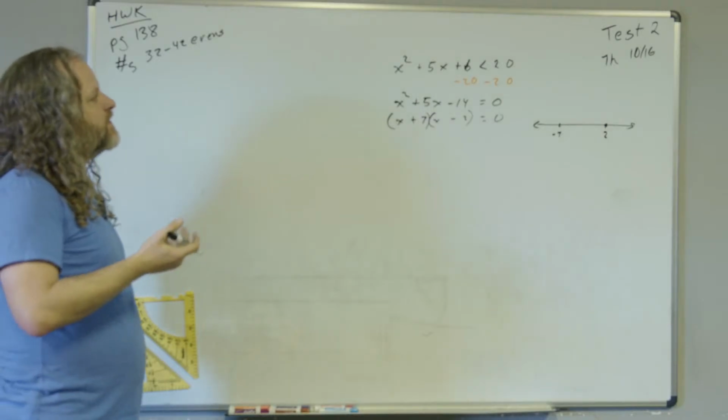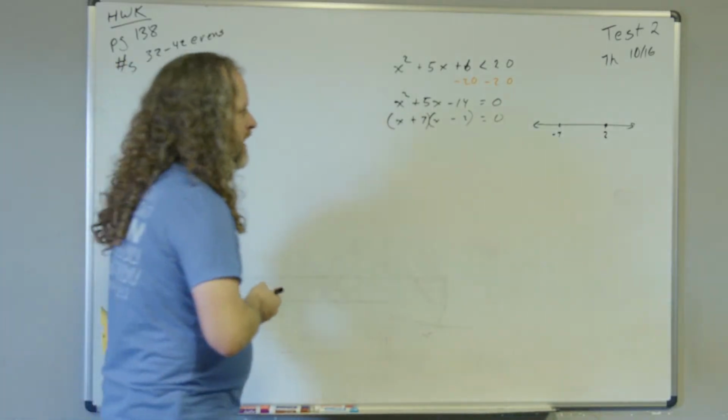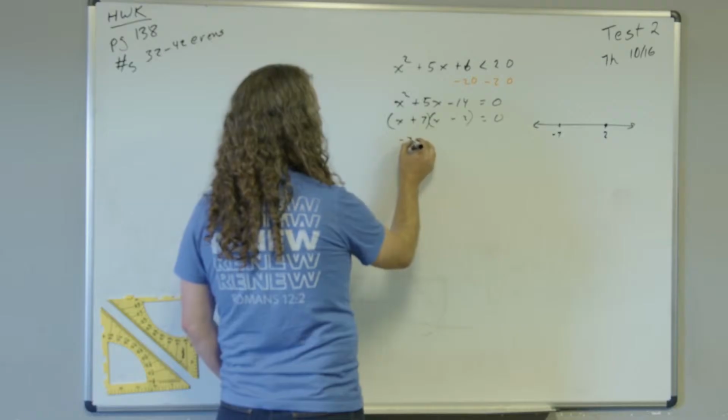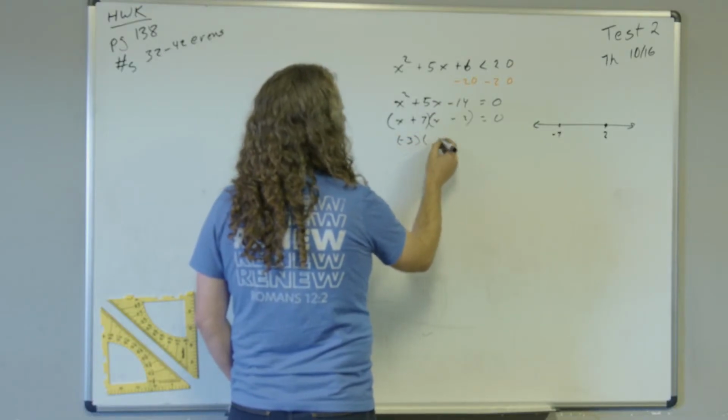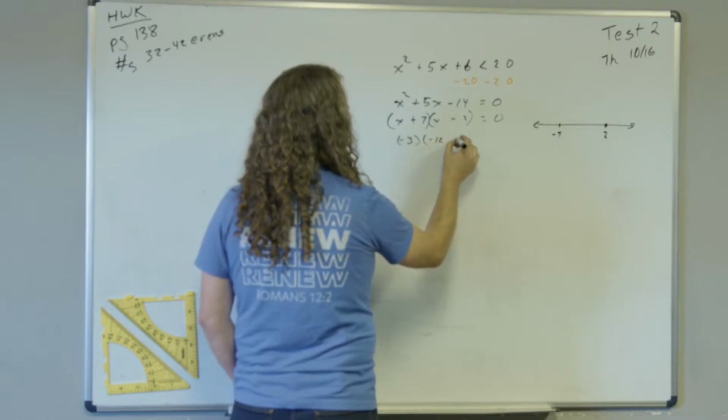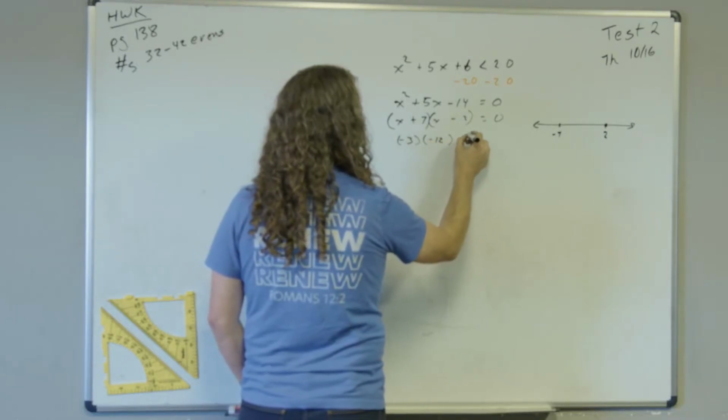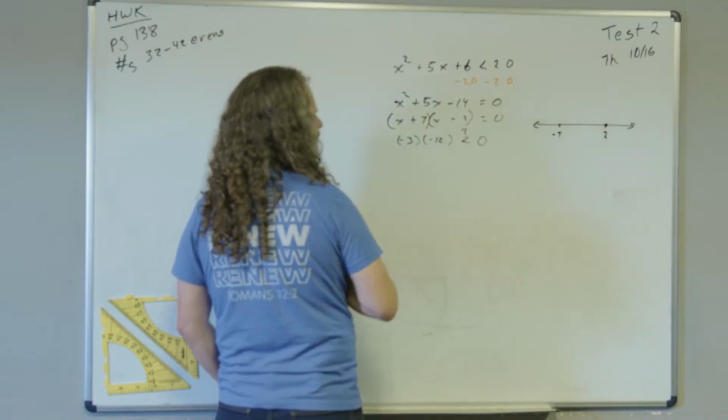You can plug it in the factored one or the not factored one. It doesn't matter, but I think generally it's easier in the factored one. So we plug a -10 in here. We've got -3 times -12. And we want to know, is that less than 0?